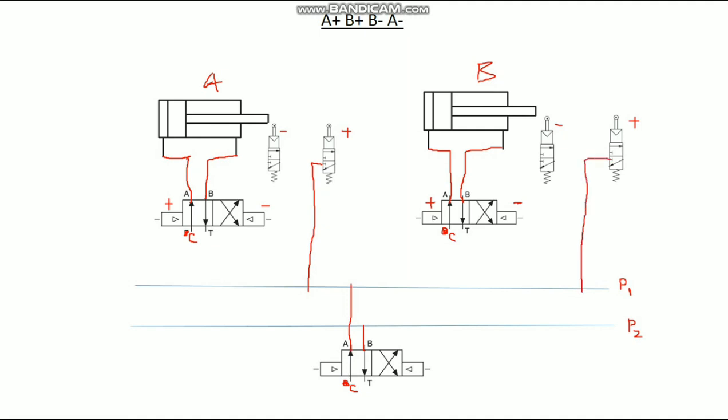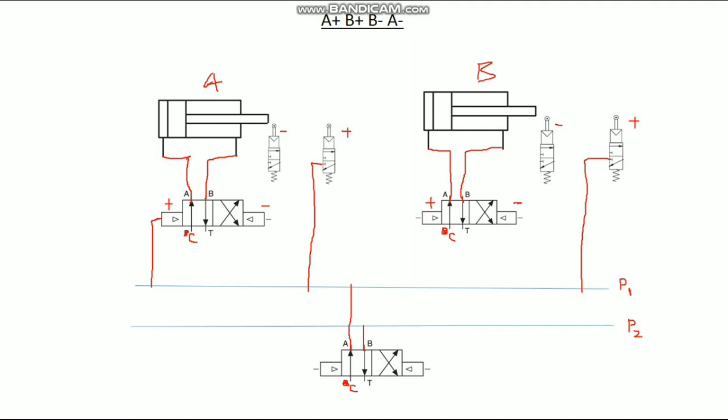And also the first operation available in the group must be given directly from the pressure line. The first operation is A plus. So the DCV of A must be directly energized by pressure line 1. Okay. So now the first group direct connections are made.